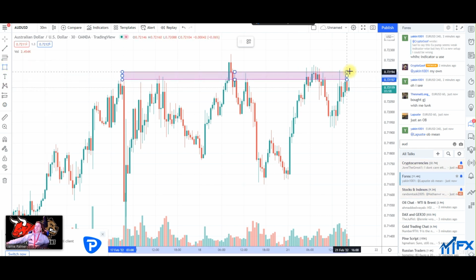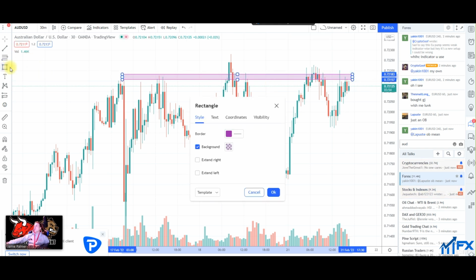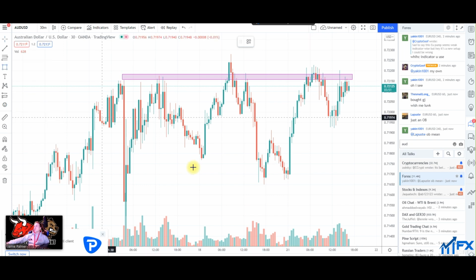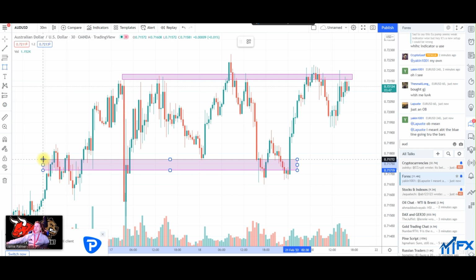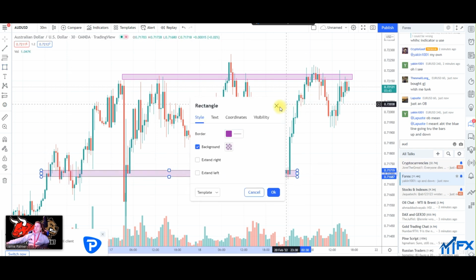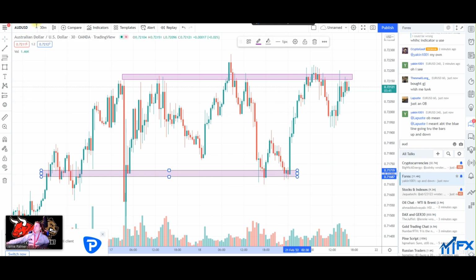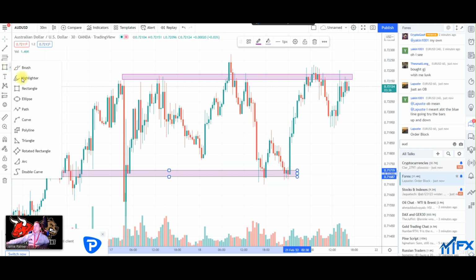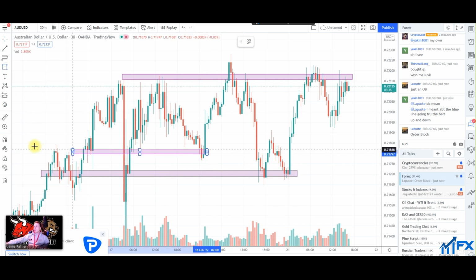We've got this nice little range just there, and we've got this nice area just here as well. And I'd probably, to be honest with you, also find a nice little range just here as well. Look at that nice little range.